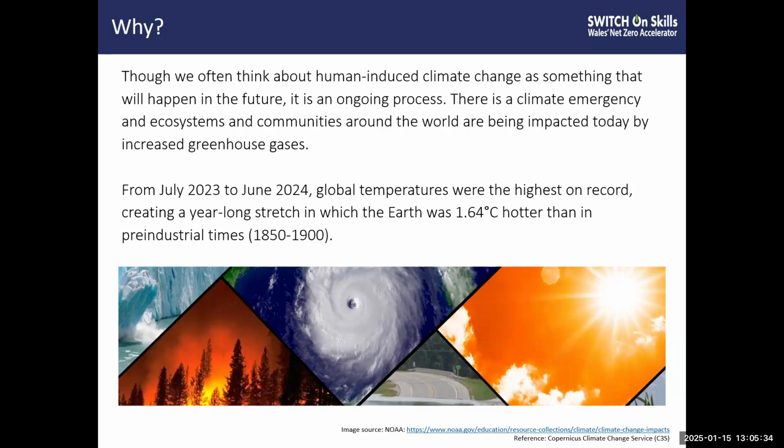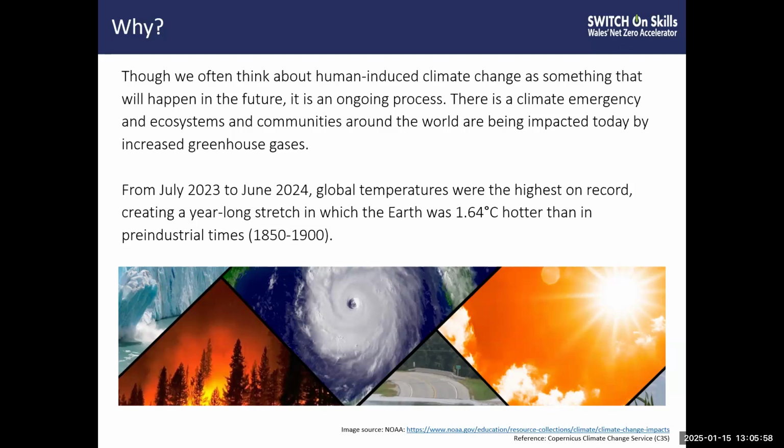The ecosystems and communities around the world are being impacted today. We can see some images there, and obviously the news has been full of the wildfires that are happening in the US at the moment as well. So the climate change is here.